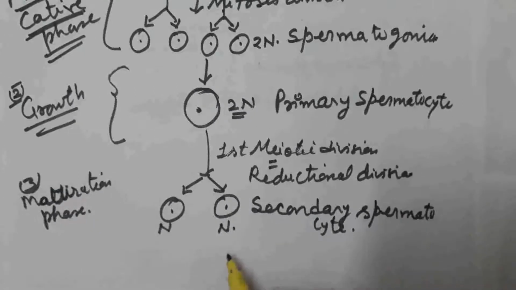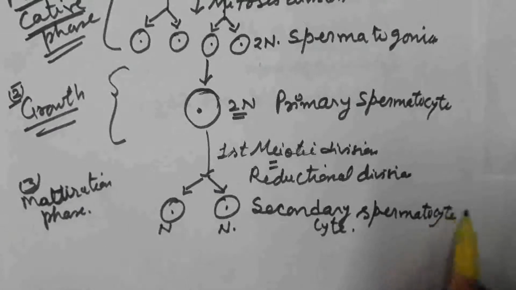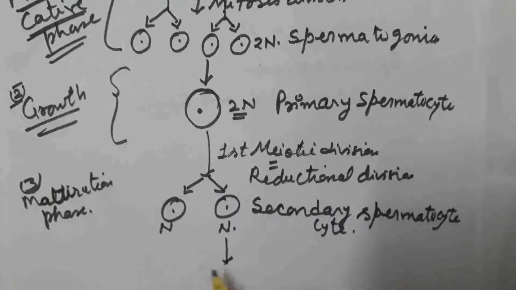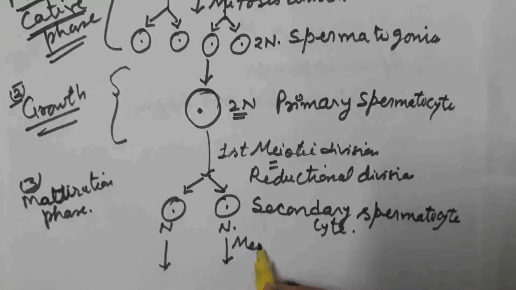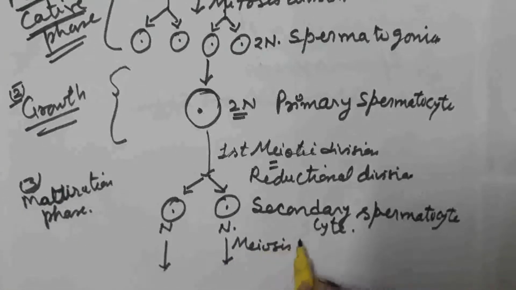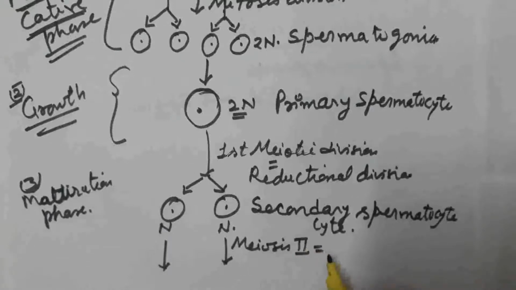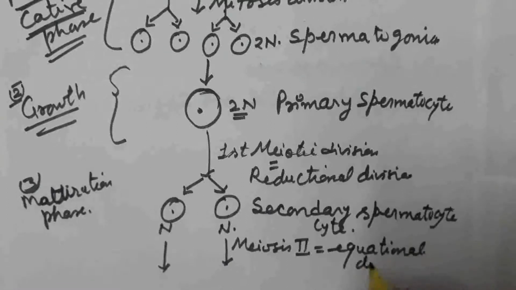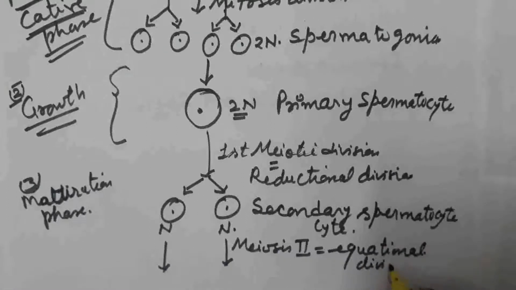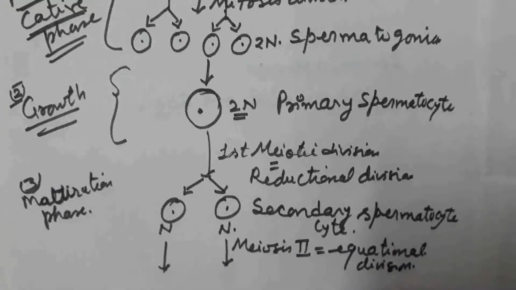In the secondary spermatocyte, the second meiosis division takes place. Meiosis 2 is the equational division, just like mitosis, and the chromosome number remains the same.